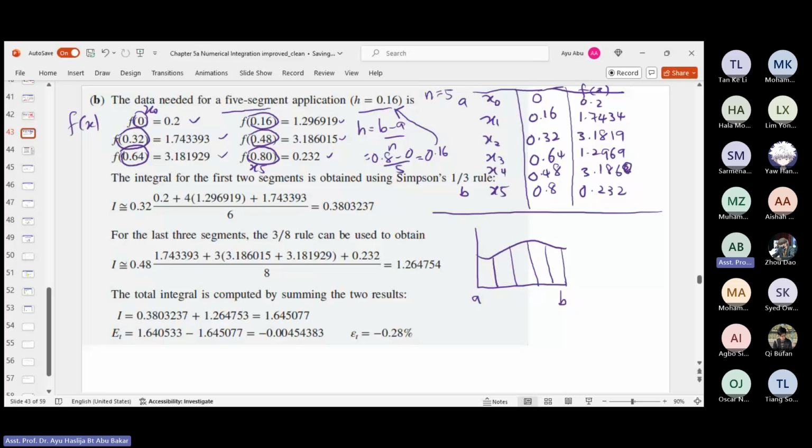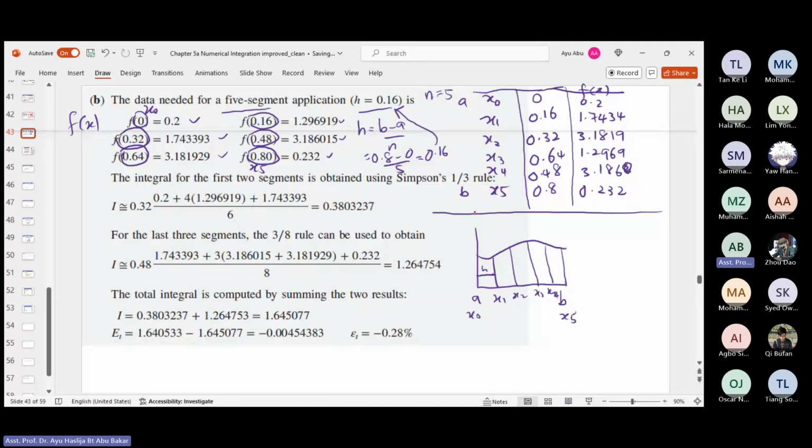We have identified h. This is your x0, x1, up to x5. Now, how do we know which part to use 1/3 for, and which part to use 3/8 for?